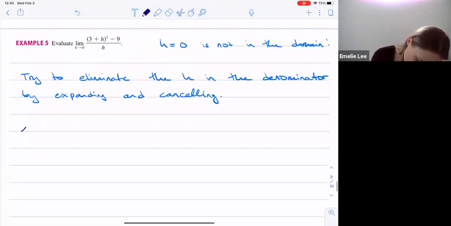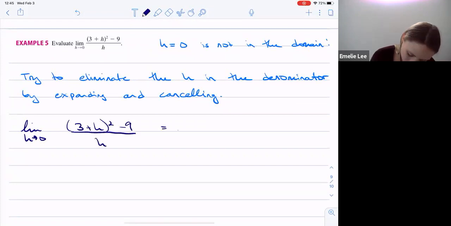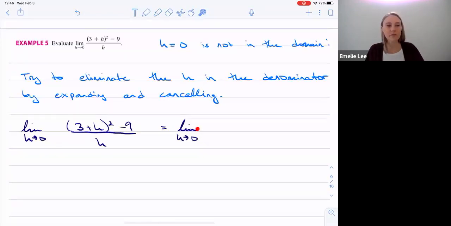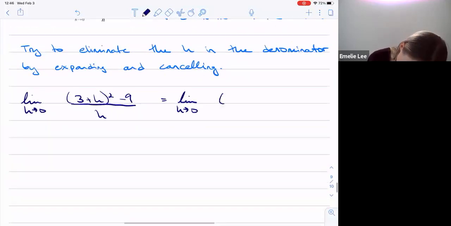So what we can say is that the limit as h goes to 0 of (3 plus h) squared minus 9 over h is the same thing as the limit as h goes to 0 of (3 plus h) times (3 plus h) minus 9 over h. You might be tempted to not write the limit every time, but to be technically correct, you have to write that limit every time. I know it's annoying, but you need to show it.